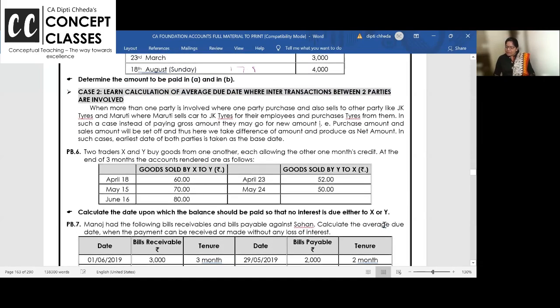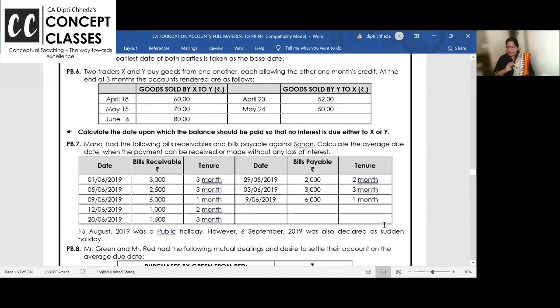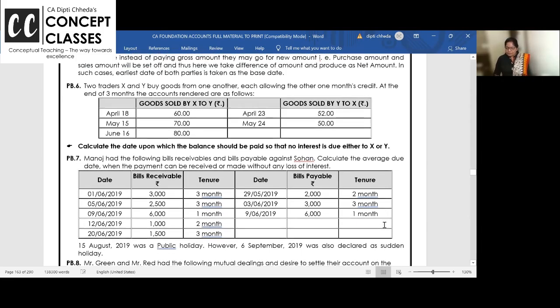Learn calculation of average due date when transactions are between two parties. Where two parties are involved, either you buy and sell from the parties, or you have bills receivable and bills payable. So let us do that sixth problem.